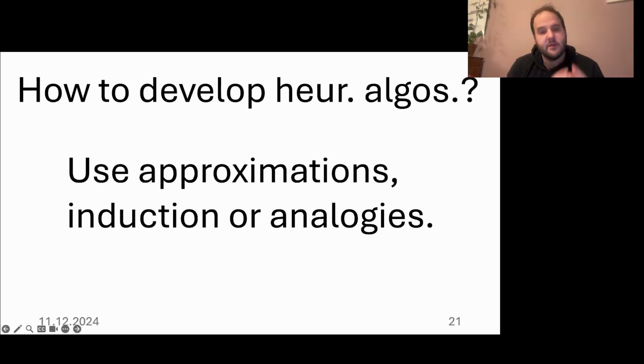Machine learning is based on training a model to find a pattern in a training set. So actually, the quintessence of machine learning is a heuristic. And another design pattern is analogies. We use analogies between different domains to transfer knowledge from one domain to another.